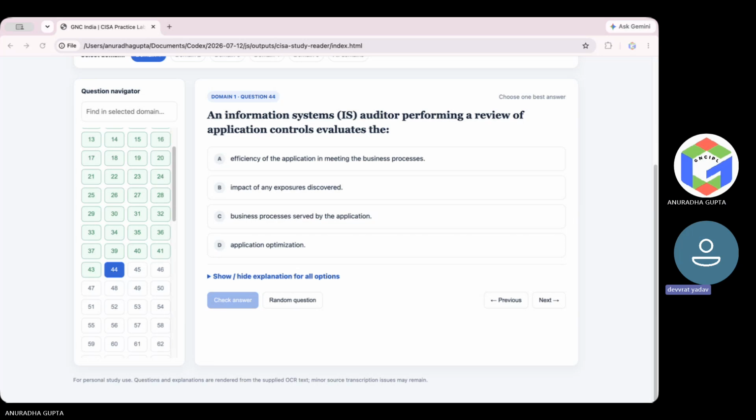Yes, the auditor performing the review of application controls evaluates the effectiveness of the application within the business process. Whatever application we are using, option A: efficiency of the application in meeting the business process. Okay.